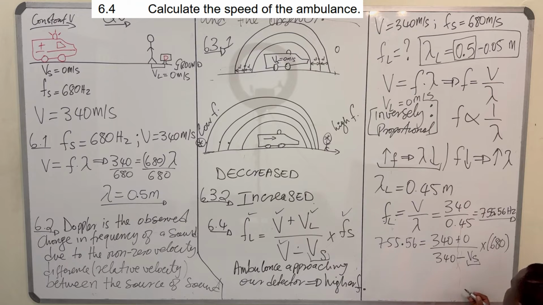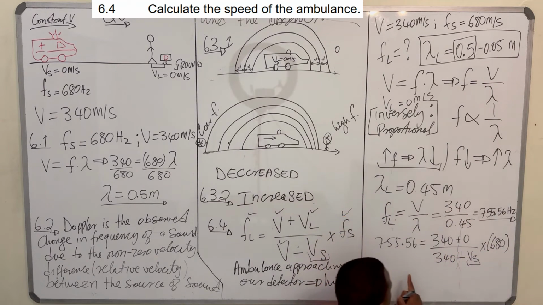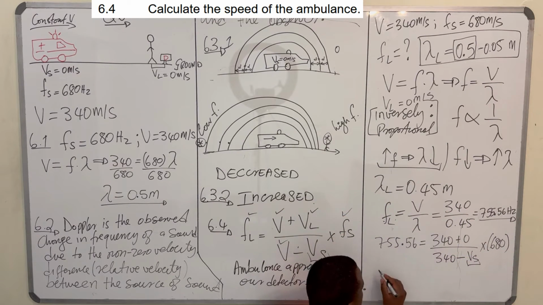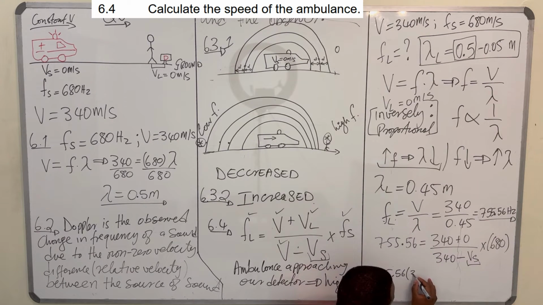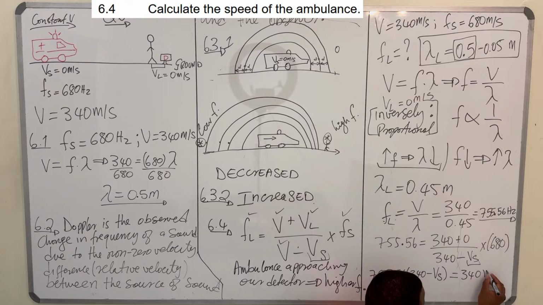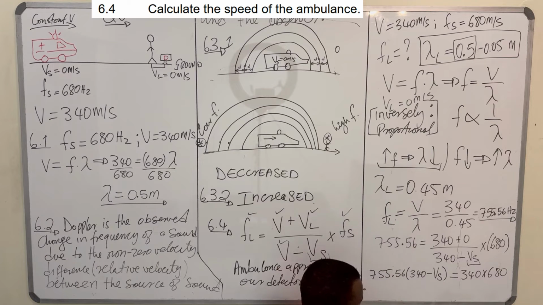What do we do? Cross multiply. This times this, so we have 755.56 times 340 minus Vs is equal to 340 times 680. Right? Then we continue.